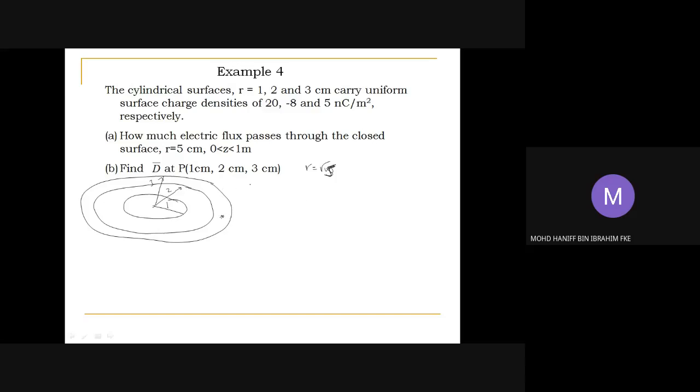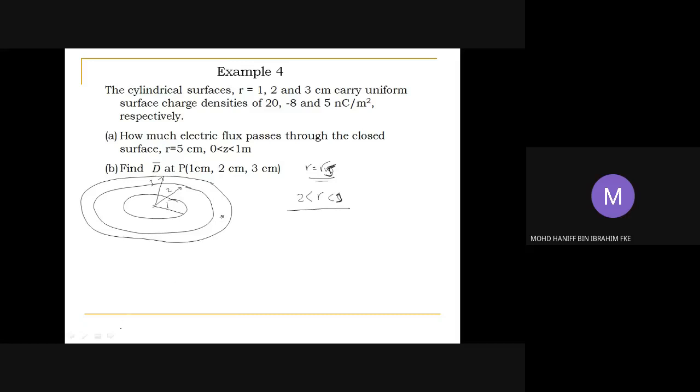So in order for us to find the flux density D at this point P, you have to find D between the radius of 2 and 3 cm. That should be the point of interest. Your Gaussian surface should be based on this region.